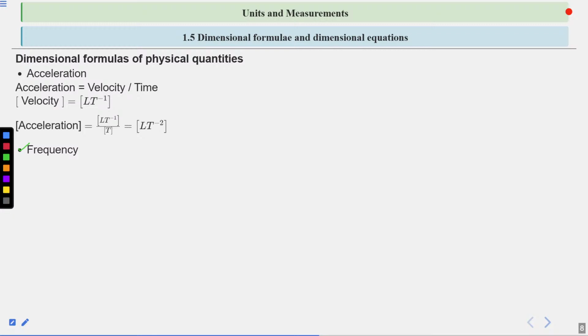It means f equals 1 upon T. The dimensional formula of T is only [T]. So we put the dimensional formula of T, and it will be 1 upon T, which means T inverse. So [T^-1] is the dimensional formula of frequency.